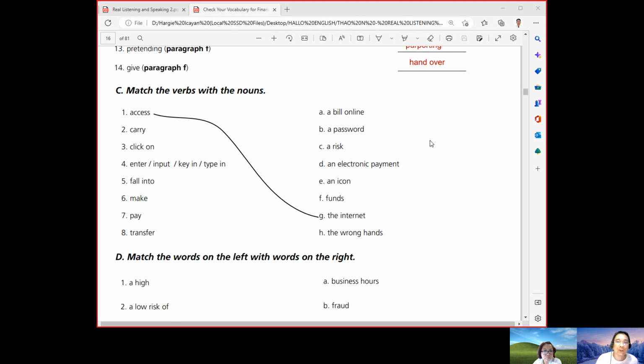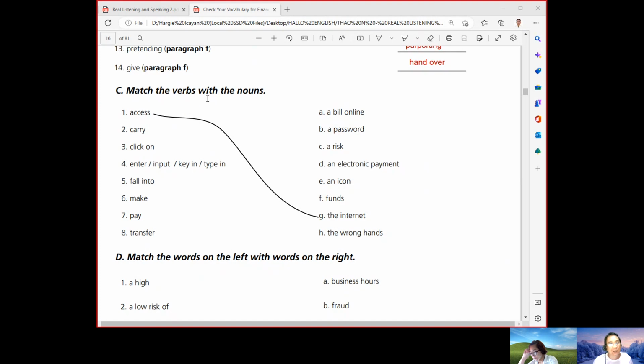So we are going to continue answering our vocabulary for finance. It's all about words when it comes to internet banking. So we are now on letter C. The following from 1 to 8 are all verbs, so that means these are all action words.